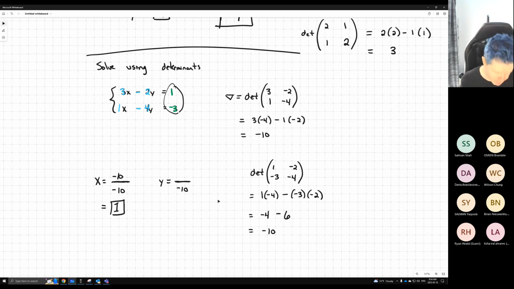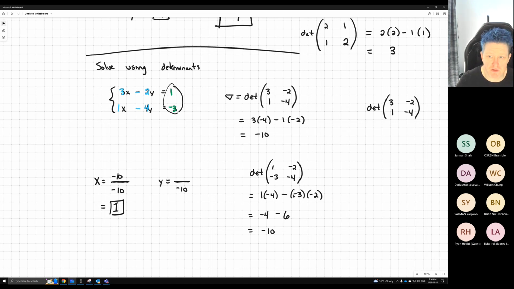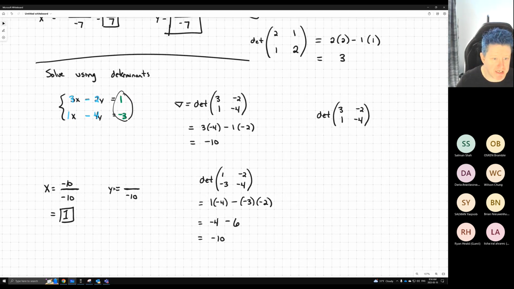Now I need to go through the same process for my numerator for my y value. So I'm going to copy del over here to the right. And I'm now looking for the y values, for the numerator for my y value. What are my y coefficients?